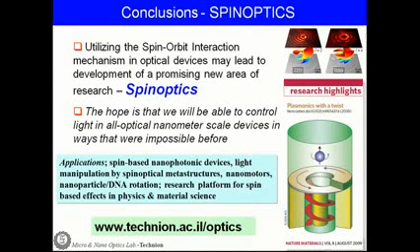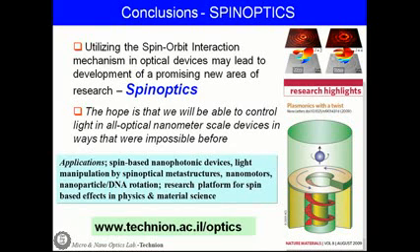I would like to conclude that utilizing the spin-orbit interaction mechanism in optical devices may lead to the development of a promising new area of research, spin optics, and we hope that we will be able to control light in all-optical nanometer scale devices in ways that were impossible before.